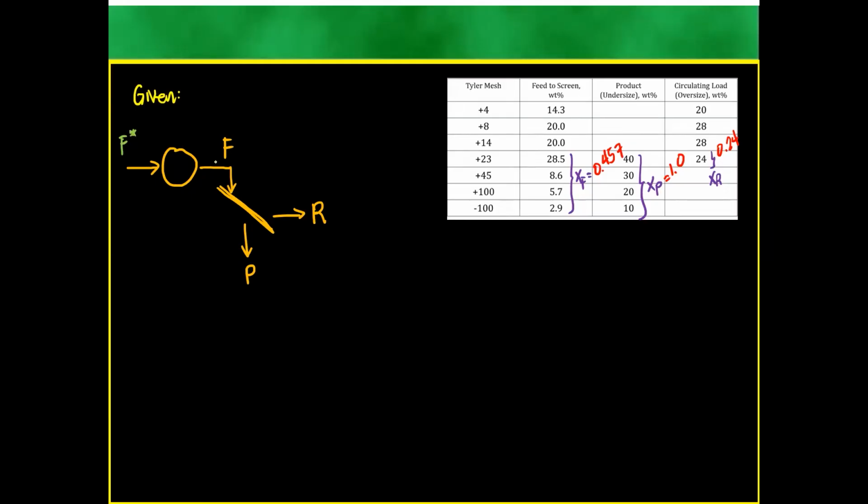But this one is the one that we try to solve, because the orange F is the one that goes through the screens. So again, this one is the crusher. That one here is the 14 mesh screen. So if this is F, you have an XF. If this is R, you have an XR. If this is P, you have an XP, right? So what's required?